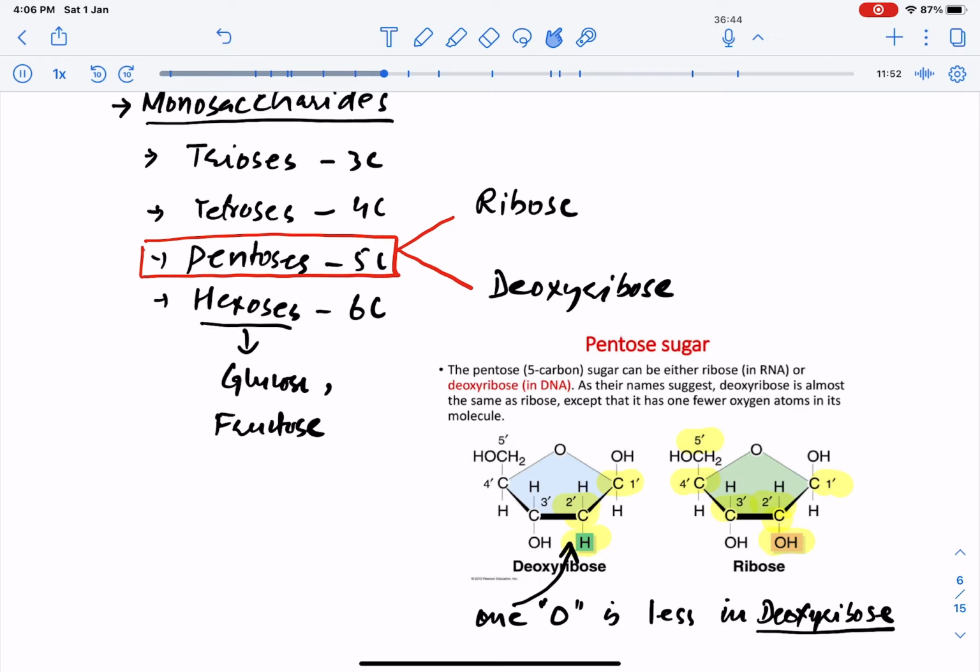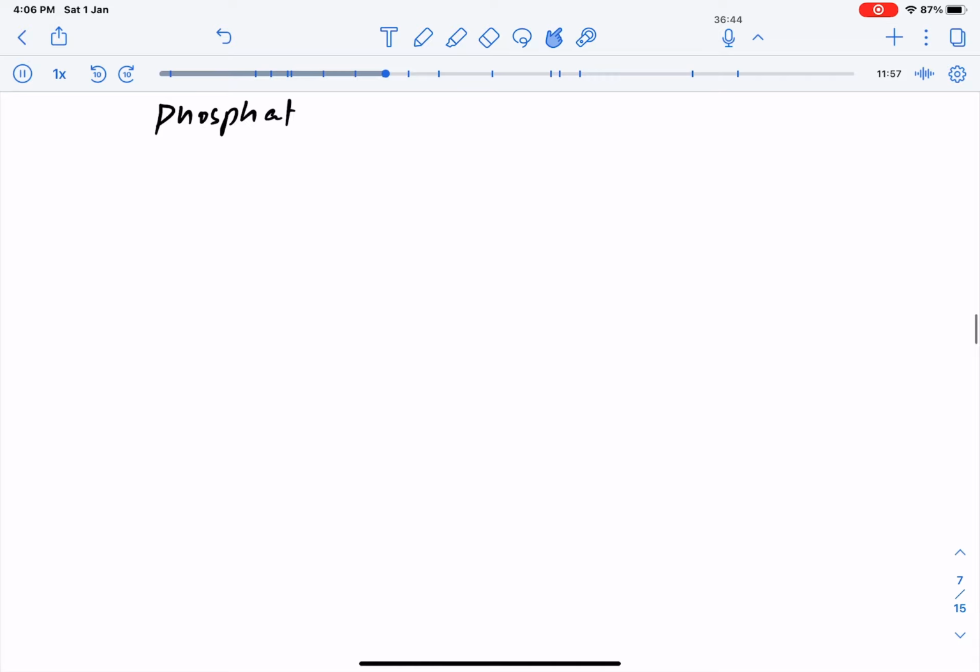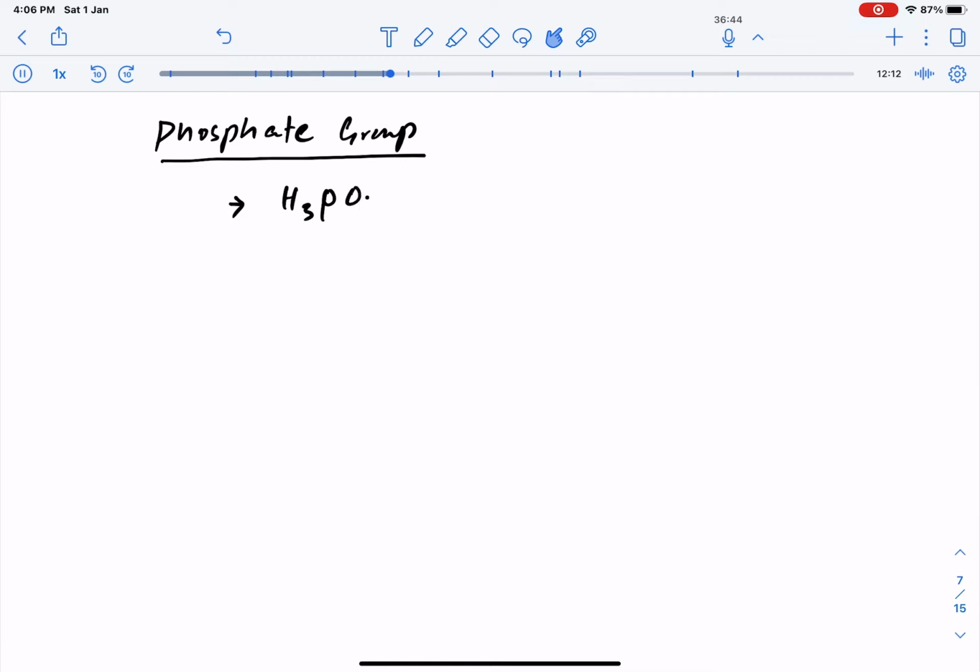Then a phosphate group, or a phosphoric acid group. Phosphoric acid group can be written as H3PO4, or this may be P double bond O, OH, OH and OH. So this is the phosphoric acid group or a phosphate group.